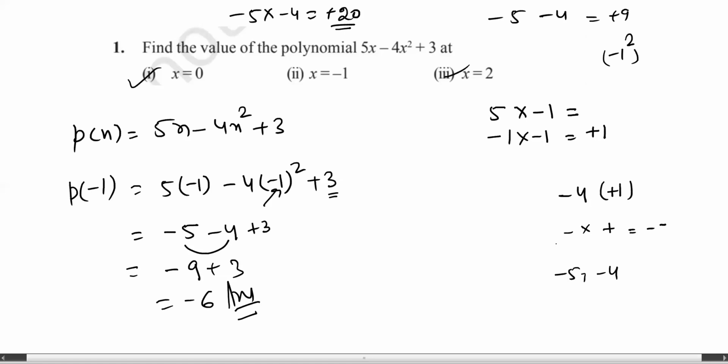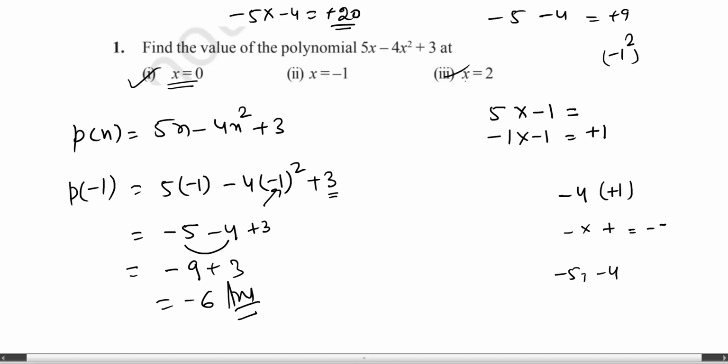Do it. Sir, the answer will be -3. When you put x equal to 0... Oh, no, the third one.